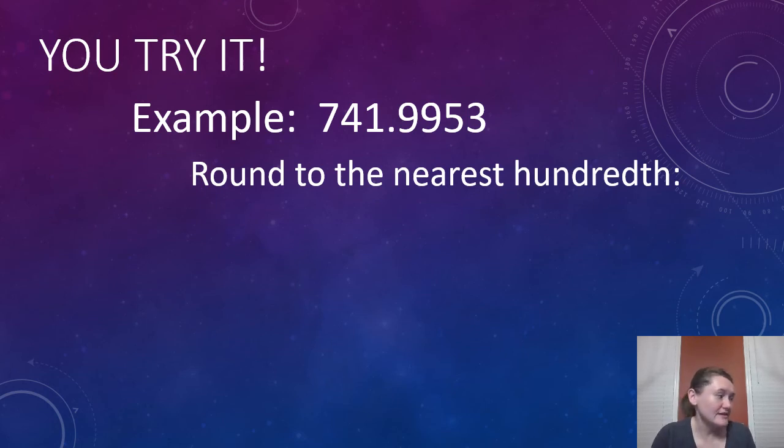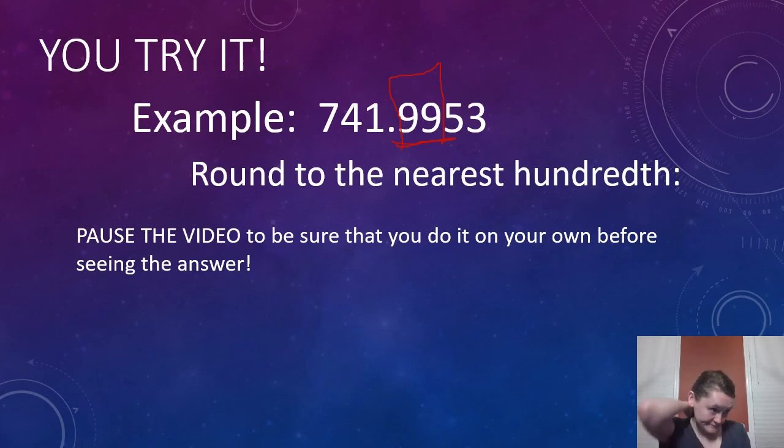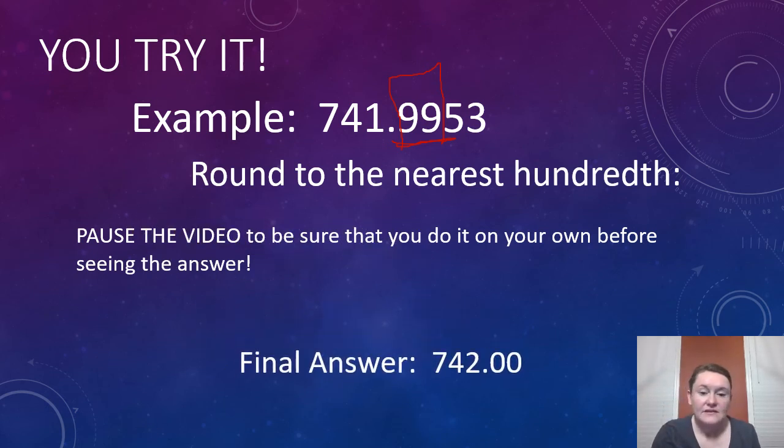741.9953 rounded to the nearest hundredth. This can also be very tricky for some students because they know that we need to keep 2 decimal places. See what you get when you round this to the nearest hundredth. So here we have the 9.